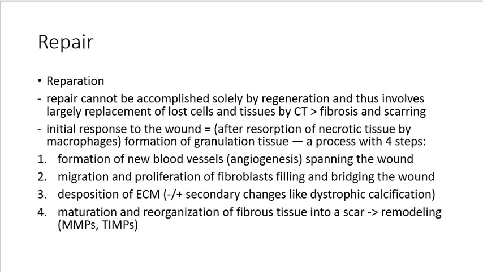There will be some deposition of extracellular matrix, and in this step you can have some other secondary changes like dystrophic calcification. And finally, you will have maturation and reorganization of this fibrous tissue into a scar. This is remodeling by matrix metalloproteinases and so on. This is because, of course, regeneration cannot do the repair solely by itself.